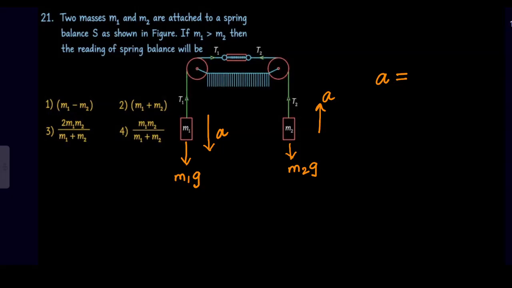Along the acceleration, force is taken as positive; opposite to acceleration, negative. T should not be taken, T is the internal force. Weights only cause the motion of a body.